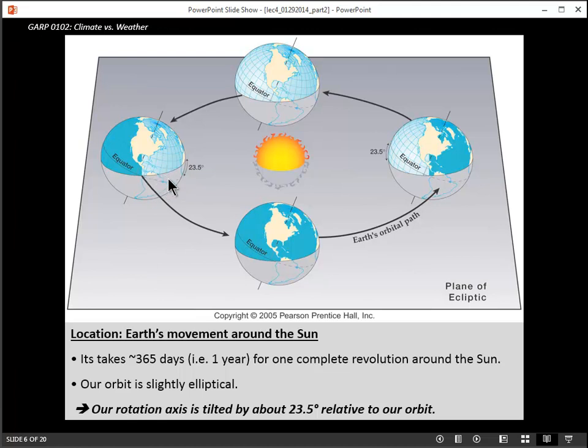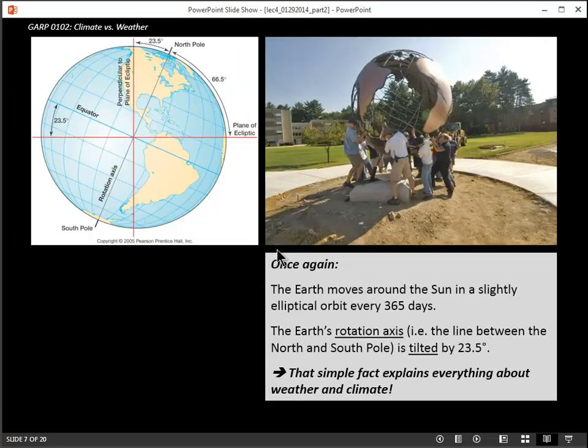So that tilt, that basic figure that you see here, that you've seen before, is really where the whole story starts, and it really explains everything we need to know. Let's go on. Very important to emphasize, right? Here's that globe. You can find that globe on the quad there. Yeah, here's the guys putting it up.